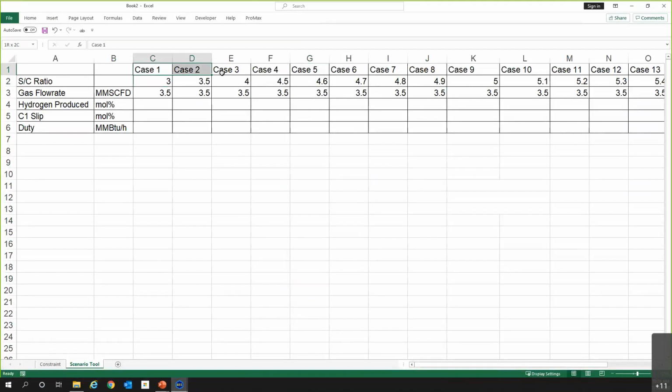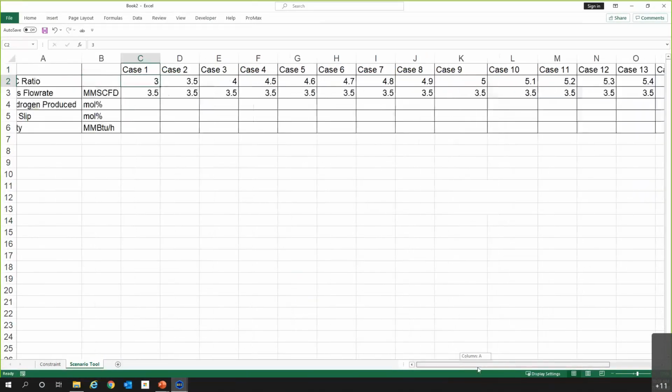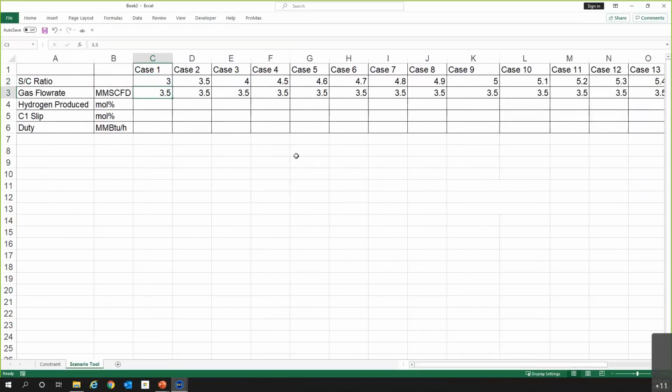As you can see here, we have our different number of cases. We're going to vary that steam to carbon ratio from 3 to 5.5 with a constant gas flow rate of 3.5. These are user-defined inputs. We decide what these values are going to be. And we're going to let ProMax calculate the rest for us.